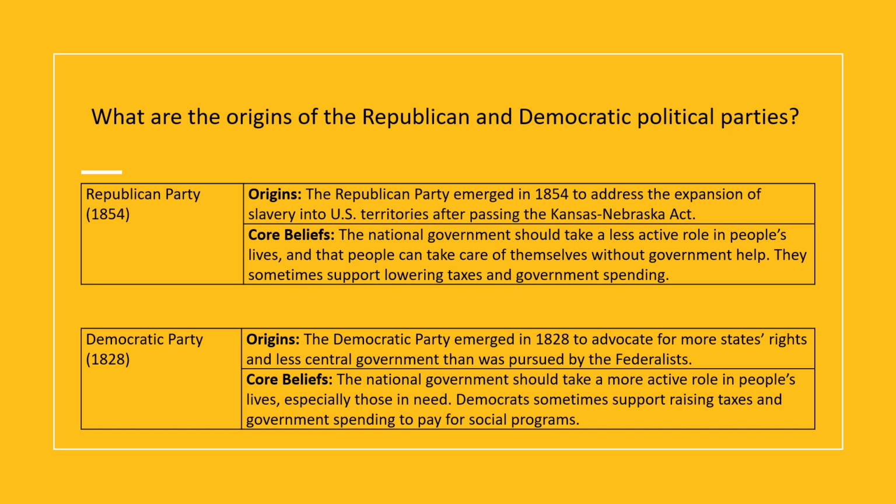And now the current core beliefs of the Democratic Party focus more on a national government presence being more dominant in people's lives compared with the Republican Party, which now supports a more decentralized government system.